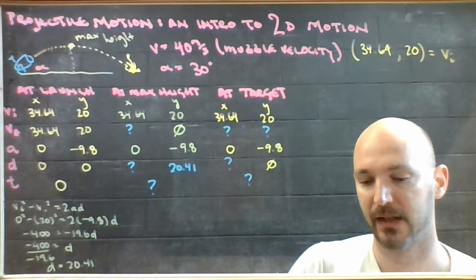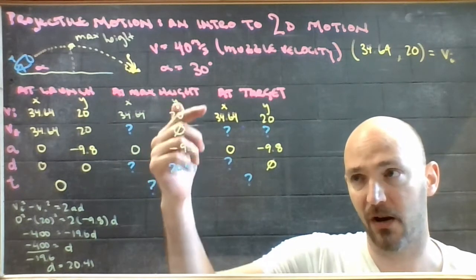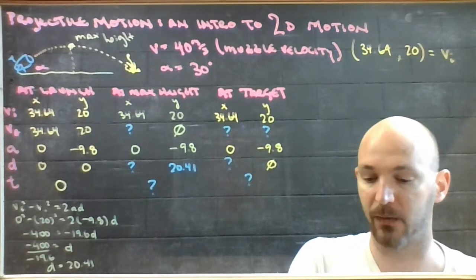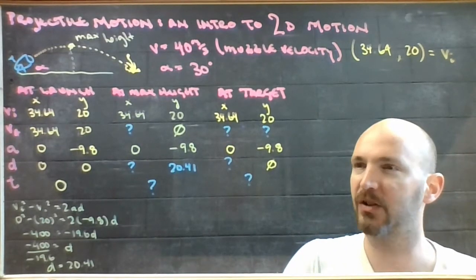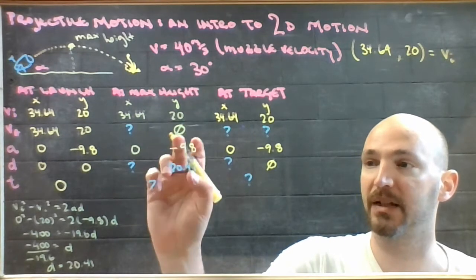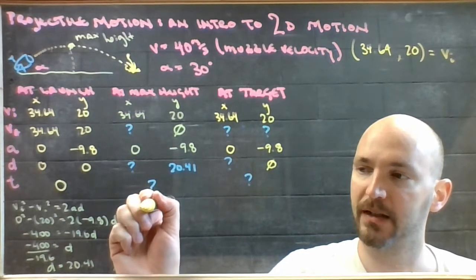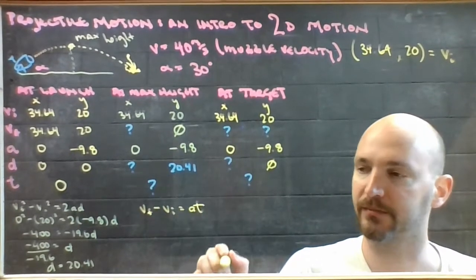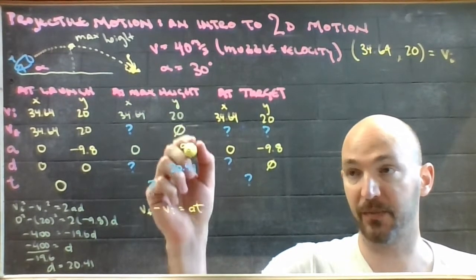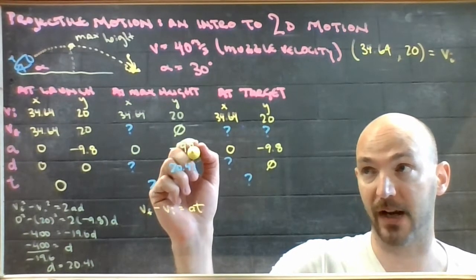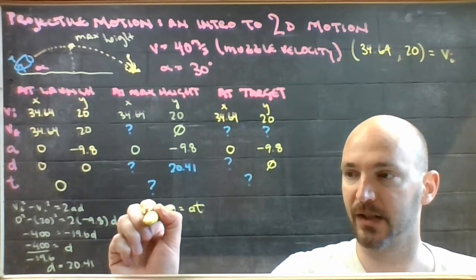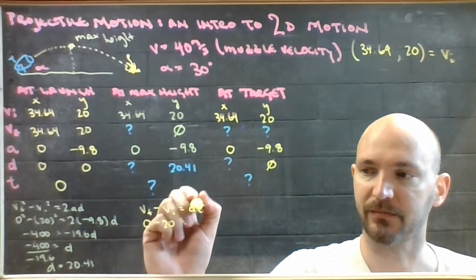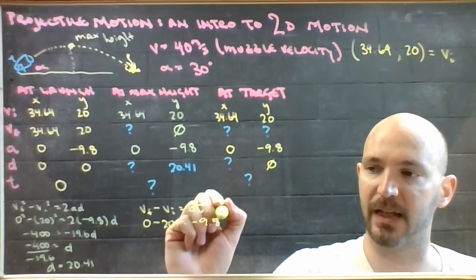So finishing off this column, I now have 3 numbers and time. I could try and calculate that one. So the equation that connects initial speed, final speed, acceleration, and time would be Vf subtract Vi equals At. Final speed in the vertical direction at the max height was 0. Subtract the initial speed, which was 20. Acceleration is negative 9.8 t.